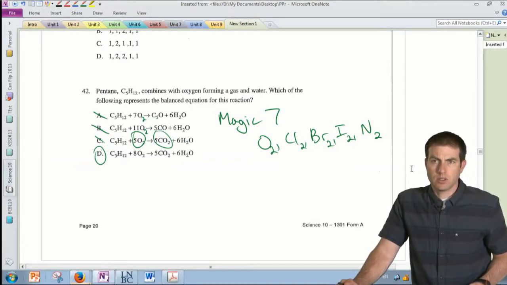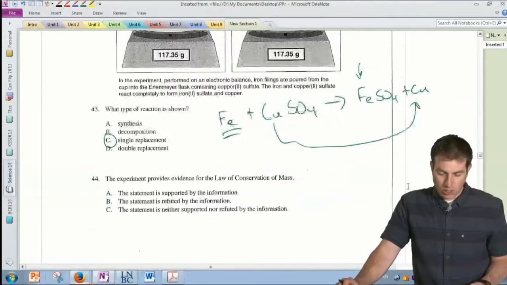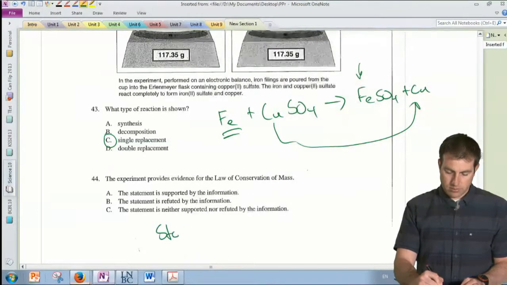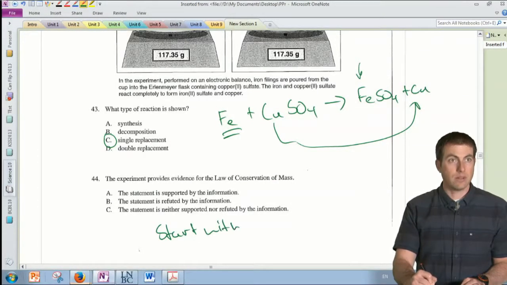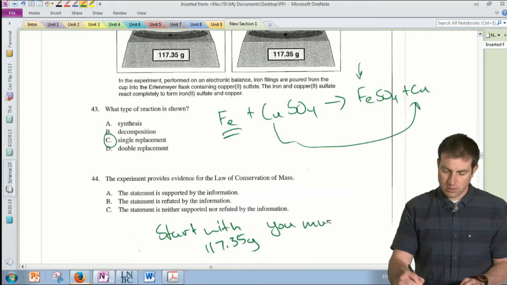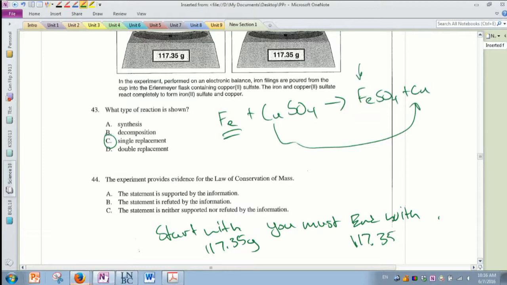Where can we find the law of conservation of mass? It wasn't the laws of conservation of mass, there was just one law. The law of conservation of mass says matter can't be created or destroyed. Basically, if you start with 117.35 grams, you must end with 117.35 grams.